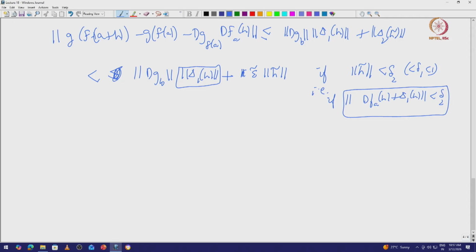So, firstly, by definition of differentiability of f at A, what do we see?